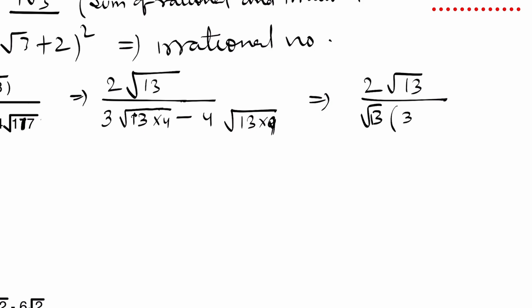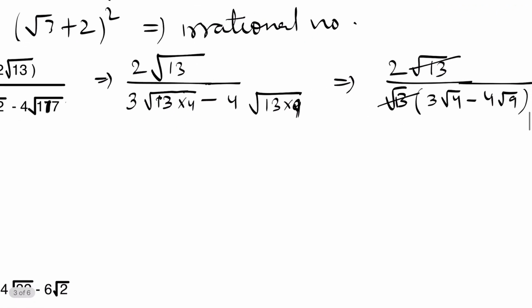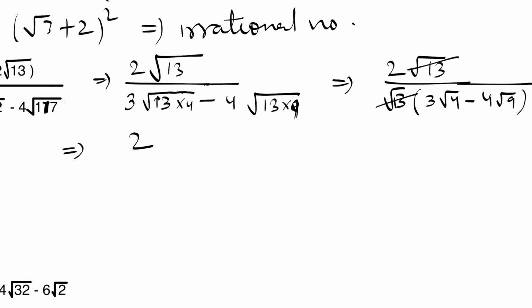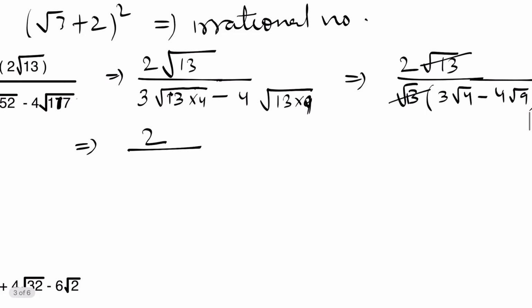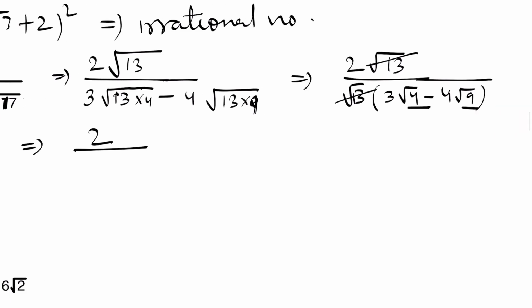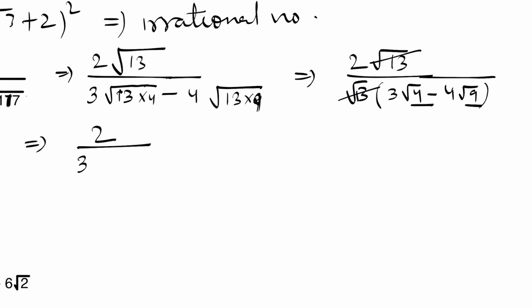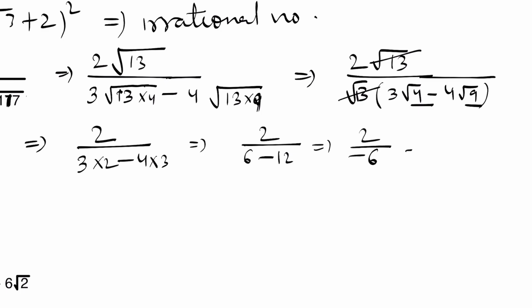This is 3 root 4, and this is 4 root 9. Now we will cancel out root 13 with root 13, so the expression will become 2 upon 3 into 2 minus 4 into 3. So this is 2 upon 6 minus 12, which is equal to 2 upon minus 6, which is equal to minus 1 upon 3.